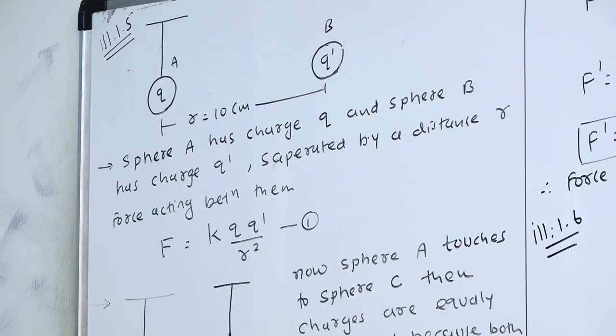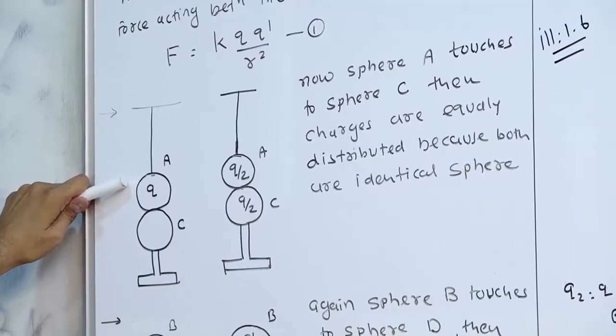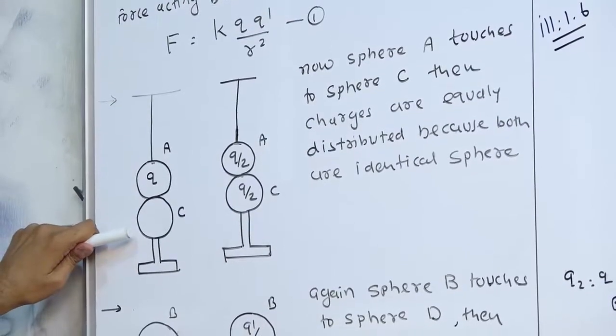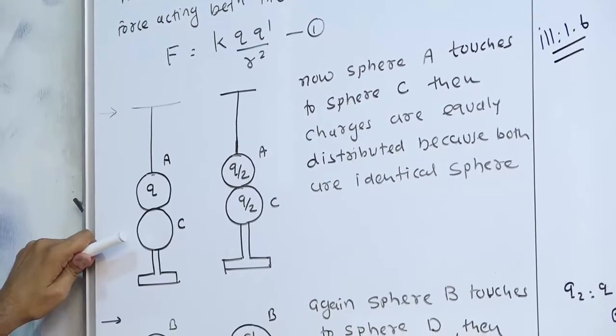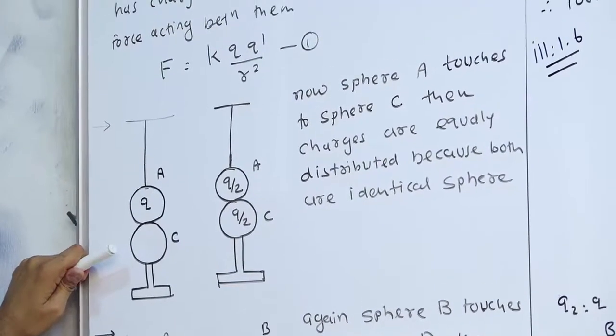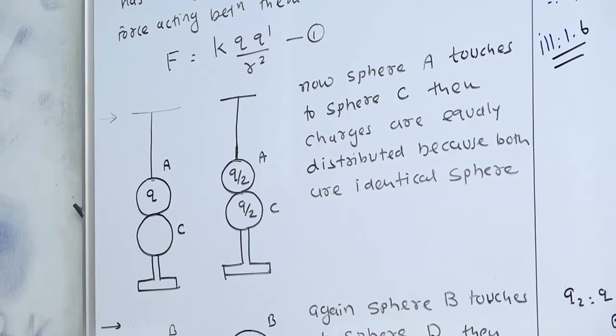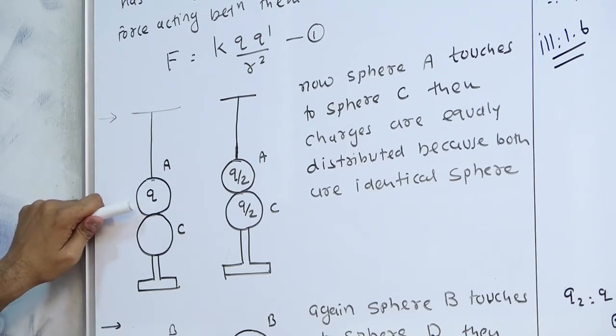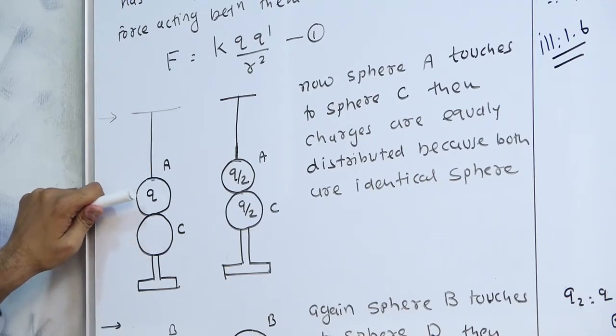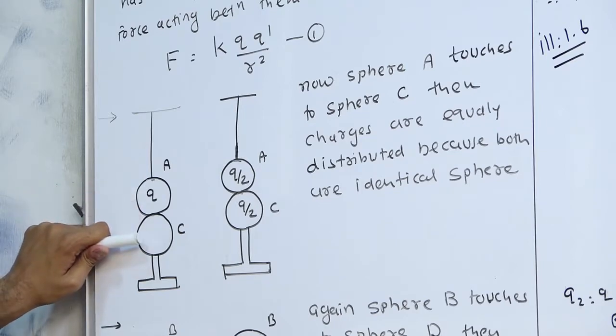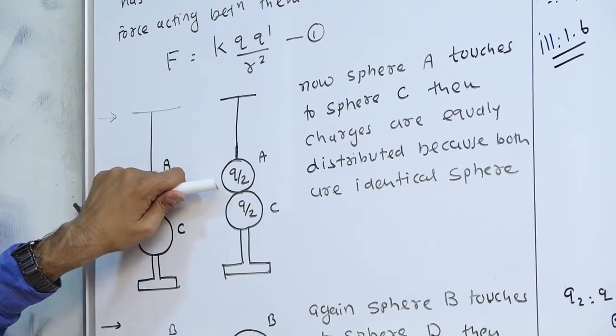Now, sphere A is brought in contact with another identical sphere C. Identical sphere means the size of both spheres is the same. Between these two spheres, the distribution of the charges takes place. The charge on sphere A becomes half because half of the charge is given to sphere C. Therefore, the charge on sphere A becomes Q by 2.